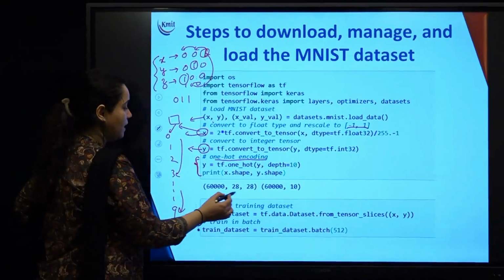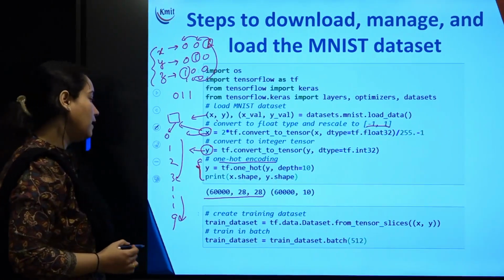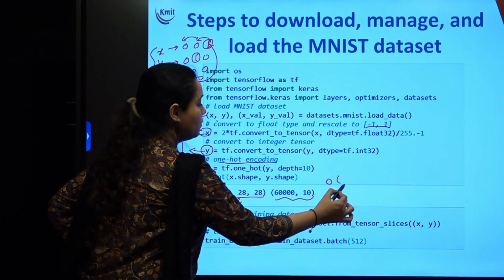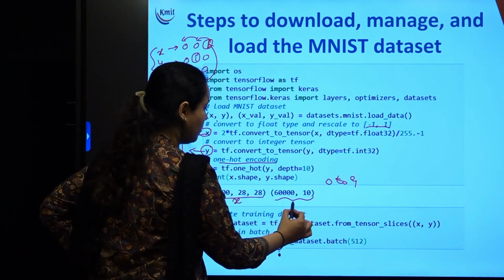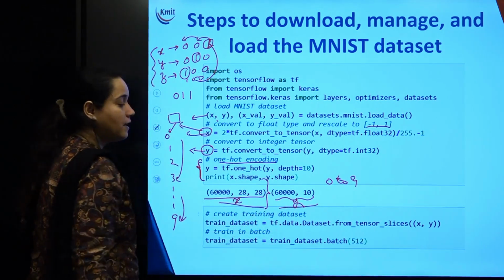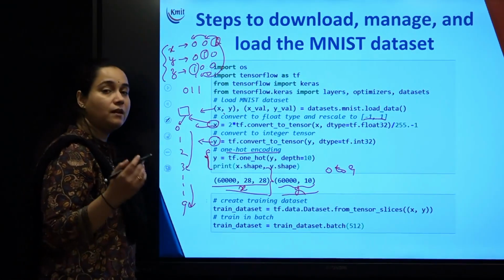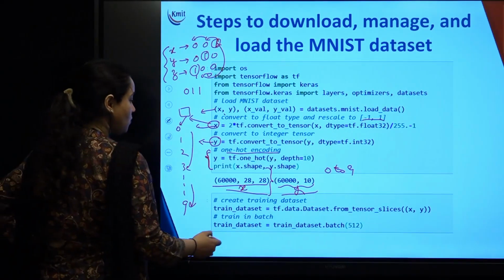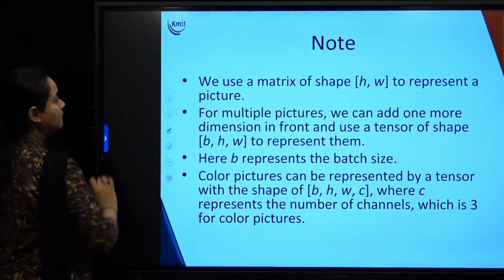Once I print it and check, I have 60,000 training data inputs in X, and labels from 0 to 9 as output, which are 10 in number. So I have 60,000 training data inputs and 60,000 training data labels, which is my output, ready with me. I can even take out some batches and work with them later for training. So I just pulled out a batch of 512 and created a training data set.